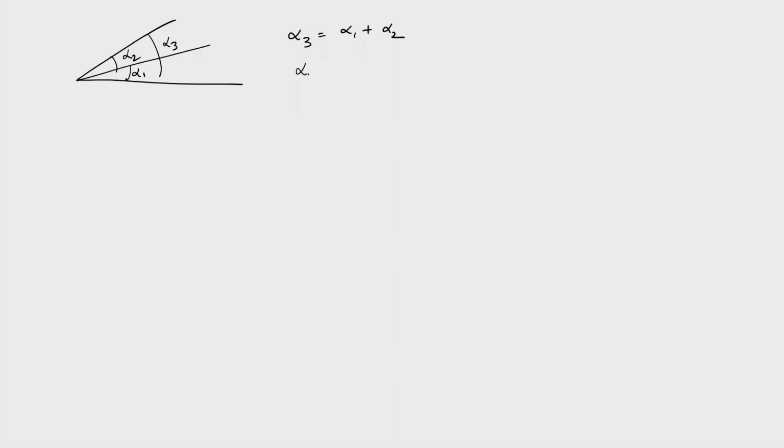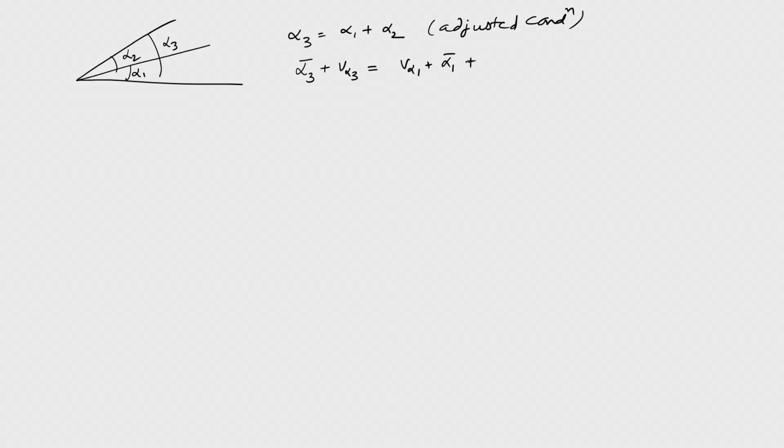I can also write alpha 3 bar, that is the ideal condition, the adjusted condition. And here if I write V alpha 3 equals V alpha 1 plus alpha 1 bar, that is the measured value in the field, and then we have V alpha 2 plus alpha 2 bar here.